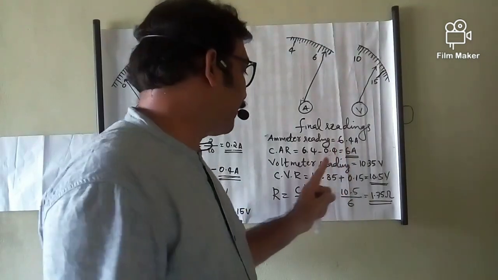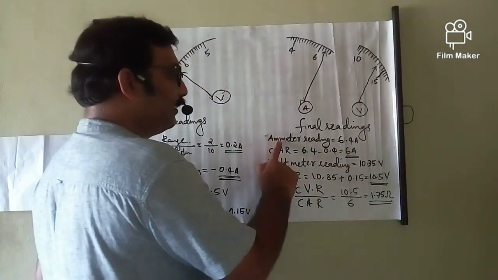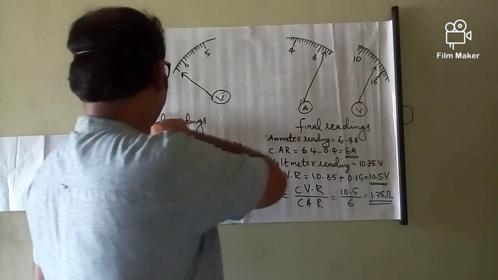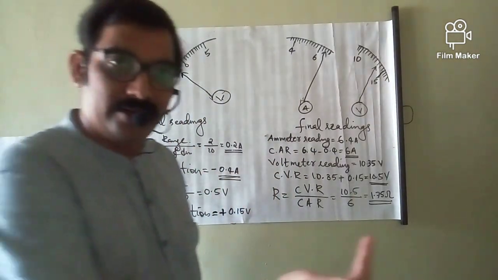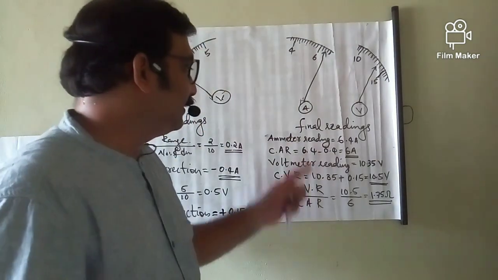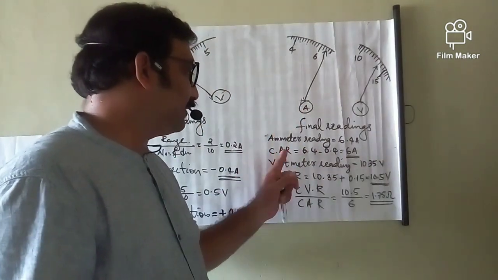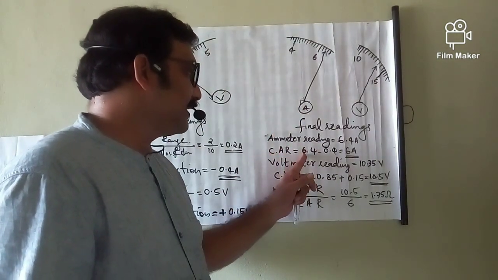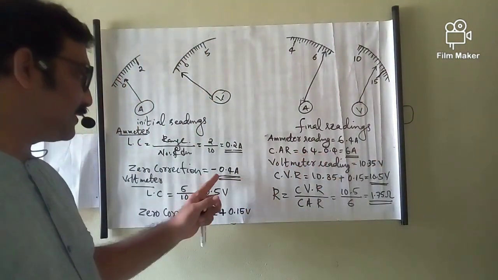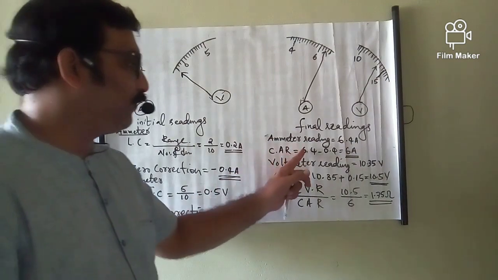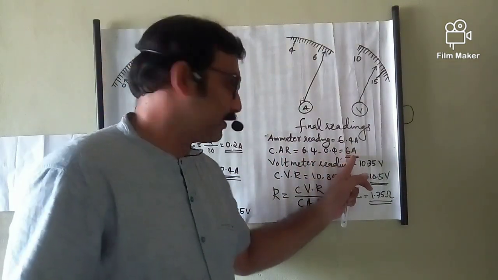This reading has an excess error, so we should correct it. The corrected ammeter reading is 6.4 minus 0.4, which is 6 ampere.